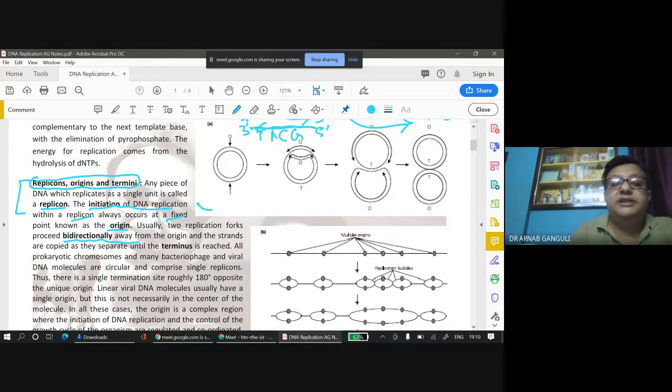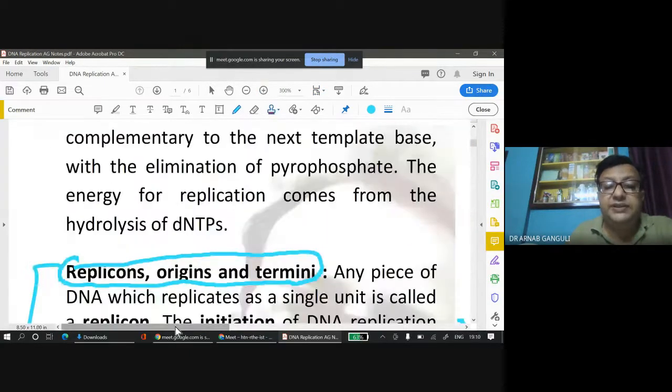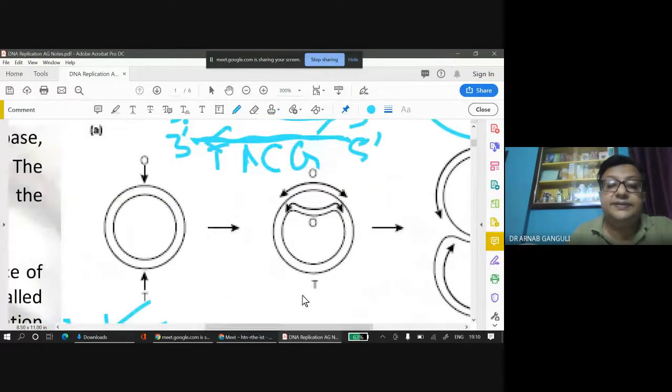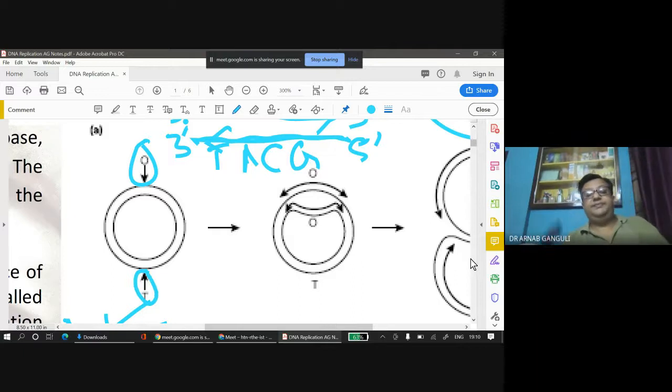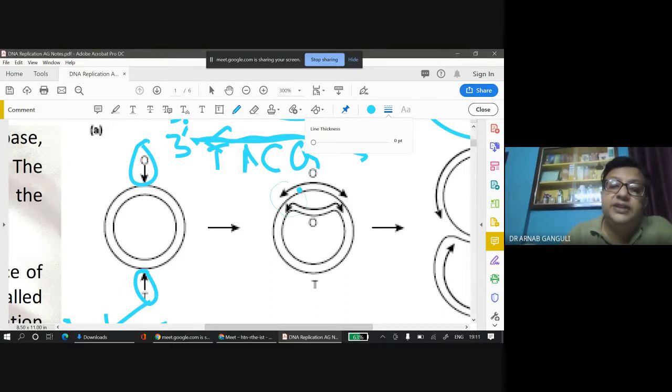Now let us look at this figure. Let us increase the size. We are talking about replication of circular strands. O is the origin of replication, say for example. And T is where the replication terminates. So you see this region over here.